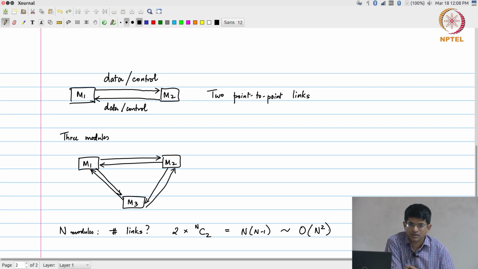There may be situations where you actually want to have something of the sort. There are obvious problems over here. One is, as I increase the number of modules, the number of wires or links that I require goes up as n squared, which means not only that I have a large number of wires, it also means that routing them is going to become nearly impossible after a while.